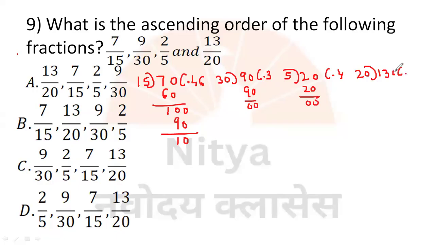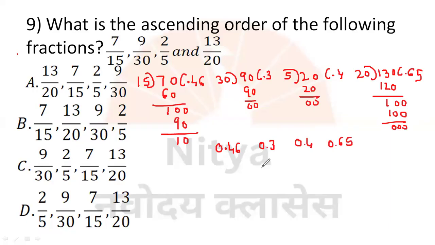So point and 0, 20 6s are 120, and then 10, again take a 0 and 20 5s are 100. Okay, see now we write down here 0.46, 0.3, 0.4, 0.65.